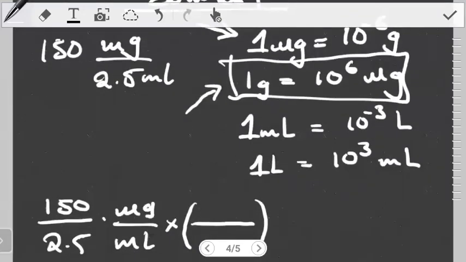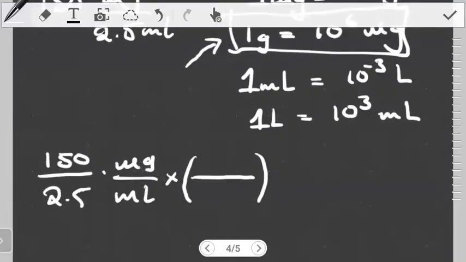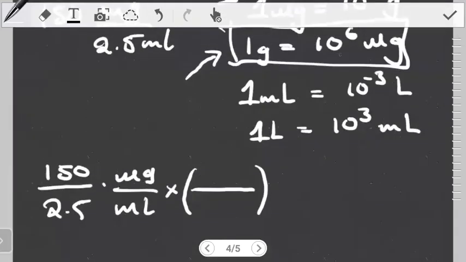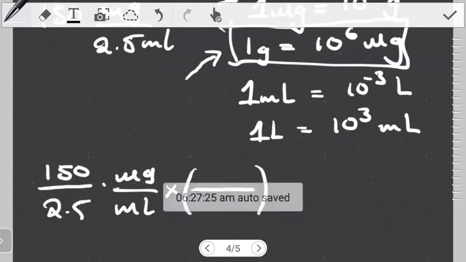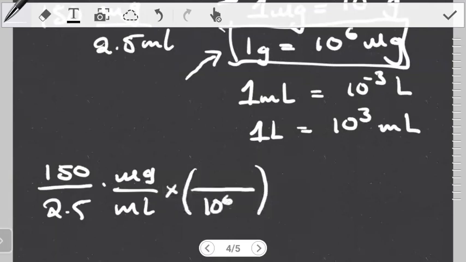Since I want to eliminate the unit in the numerator, I put its corresponding value in the denominator. 10 to the power 6 is the one with the microgram, so I'm going to have 10 to the power 6 micrograms here. And then the remaining one, of course, goes in the numerator.